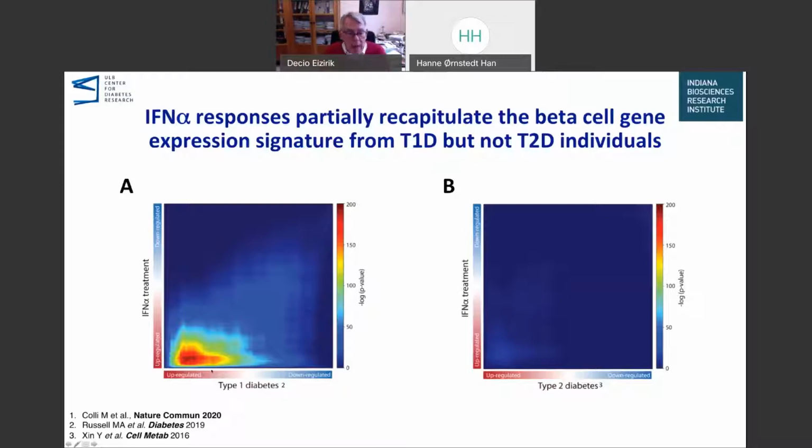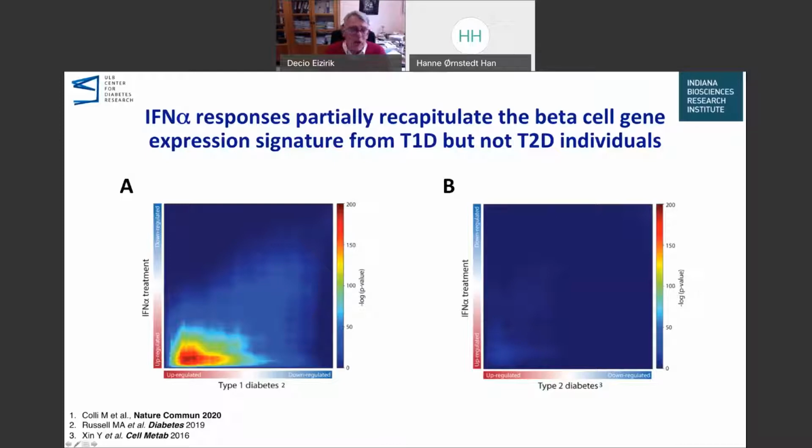So we compared this data set against our human beta cells treated with type 1 interferon, and you see that there is a very good concordance related to upregulated genes and no concordance on downregulated genes.